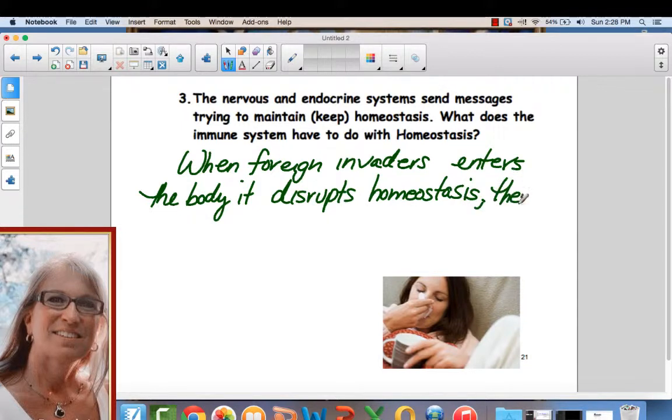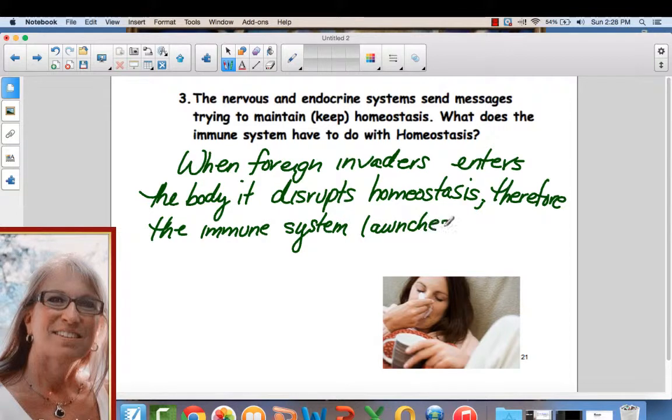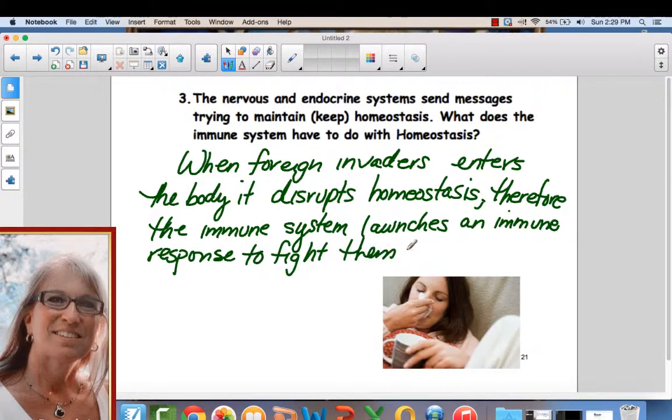Therefore, the immune system launches an immune response to fight them. This helps reestablish homeostasis.